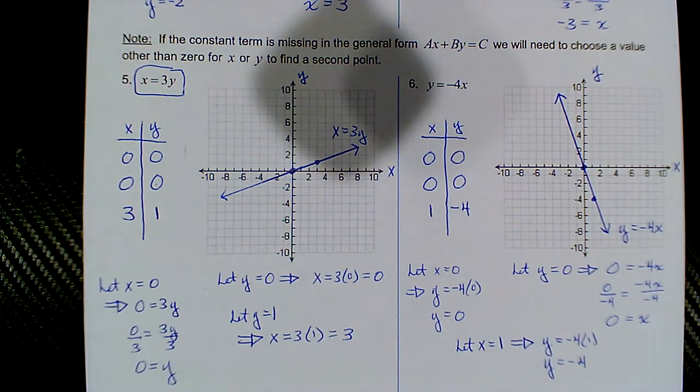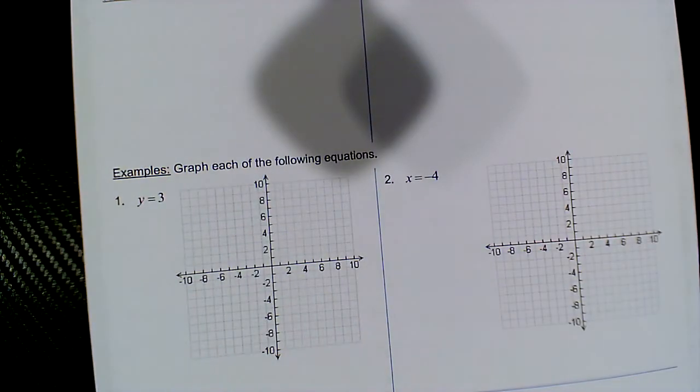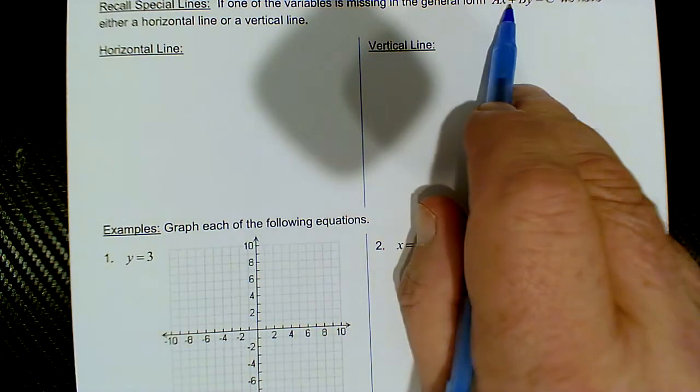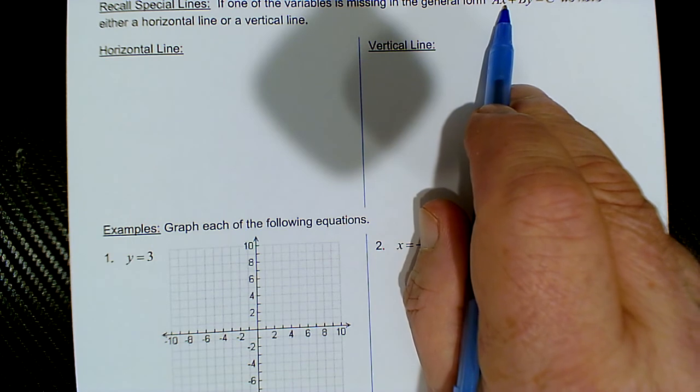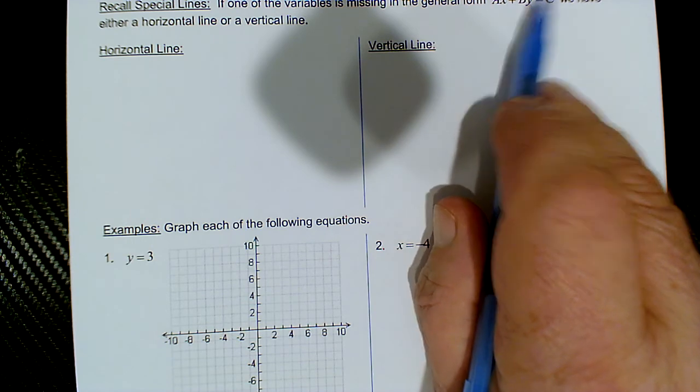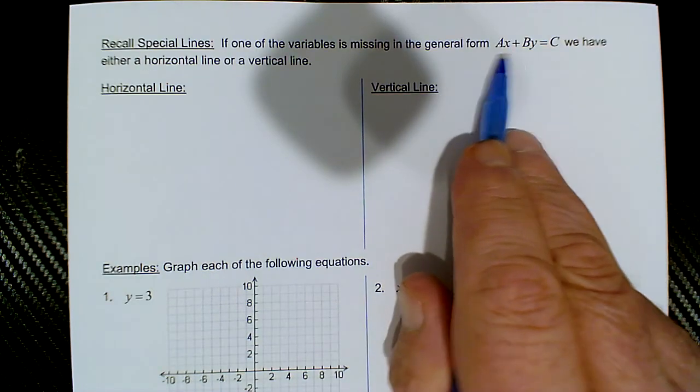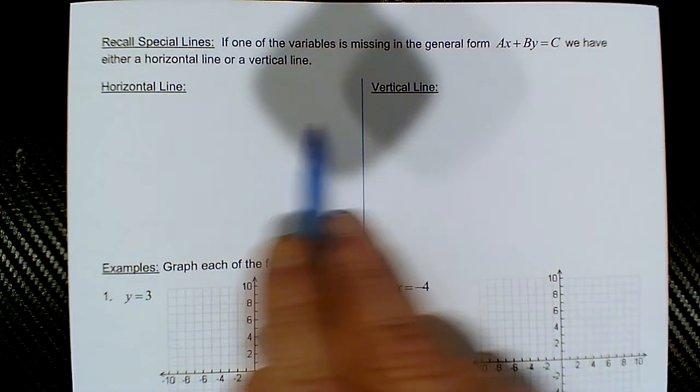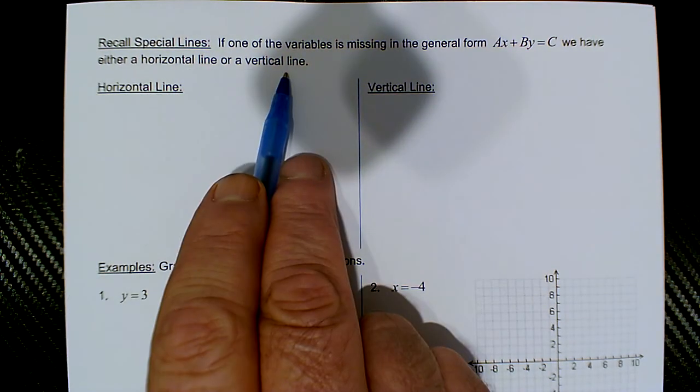Okay, so then the last page of notes in this section is revisiting a concept we studied earlier, and that is the special straight lines. If one of the variables is missing in this general form, that is, you either just have an x or you just have a y, and you don't have both, then recall we have either a horizontal or a vertical line.